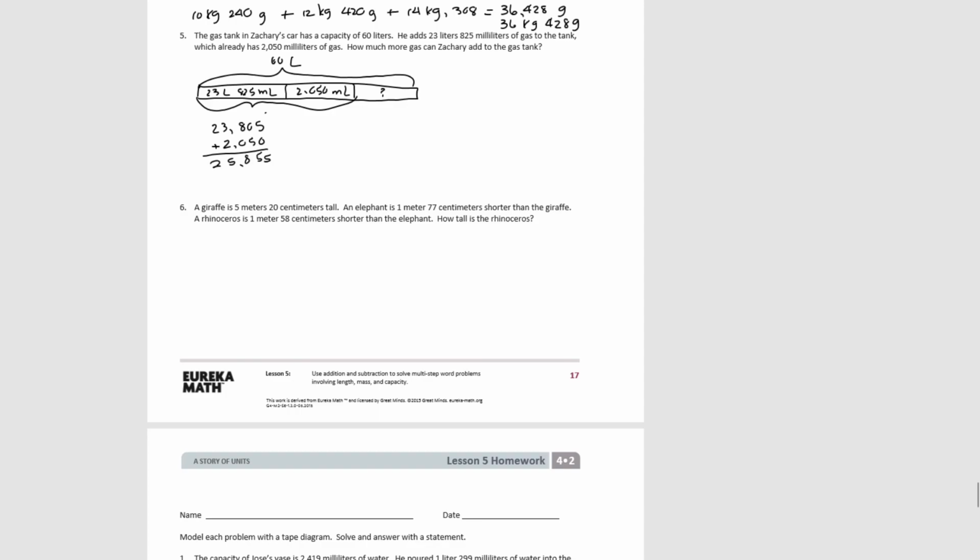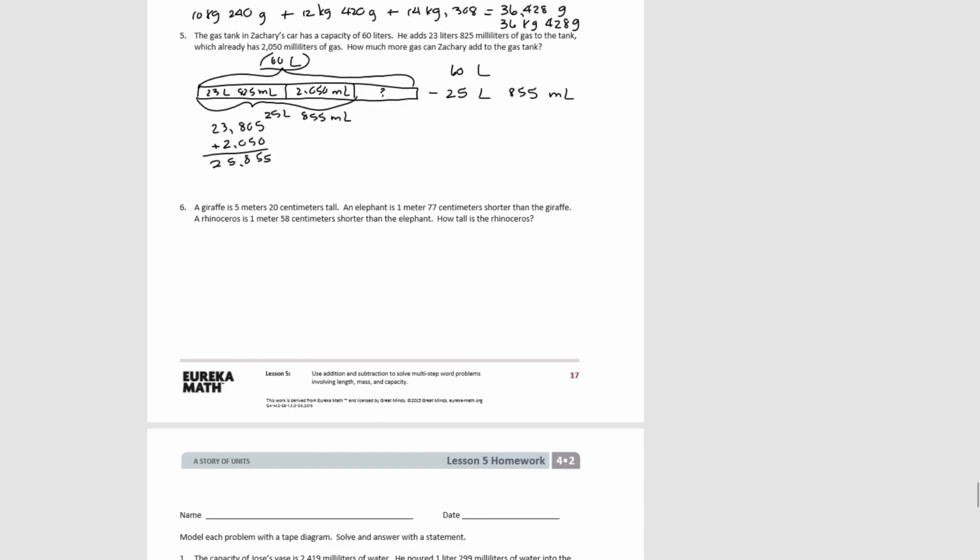So together there's 25 liters, 855 milliliters. And we have one part now, and we have a total, and we need to find another part, so we need to subtract. So we have 60 liter capacity. We have 25 liters, 855 milliliters already in there.